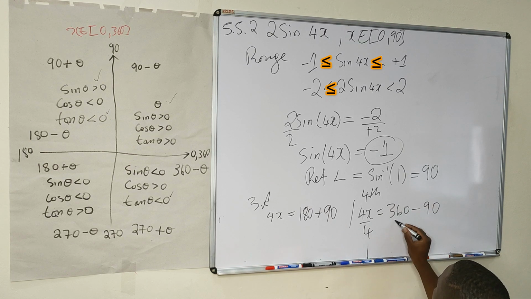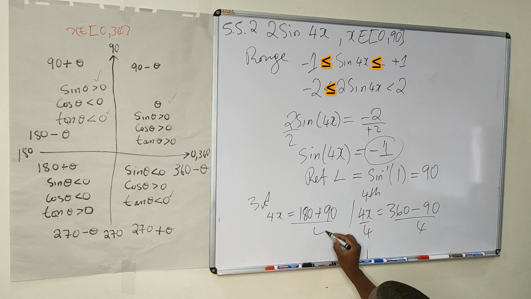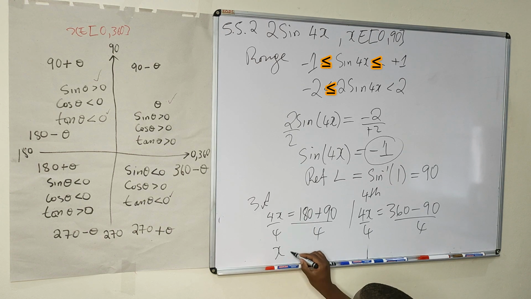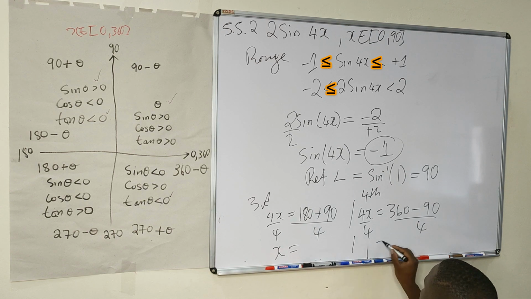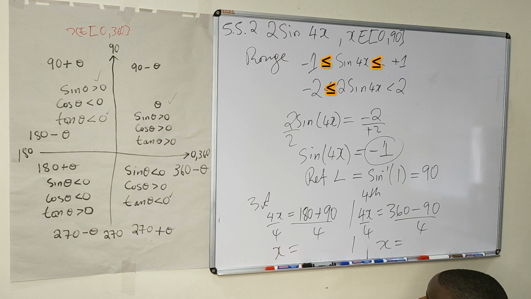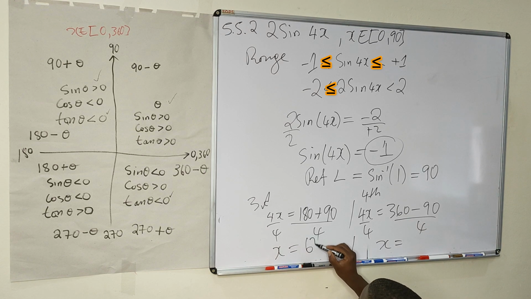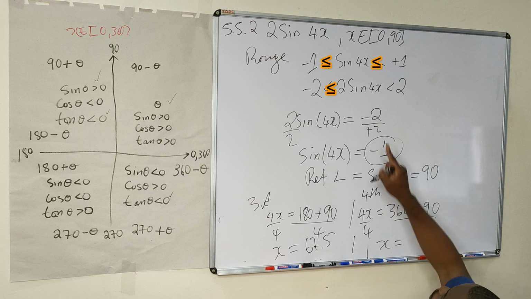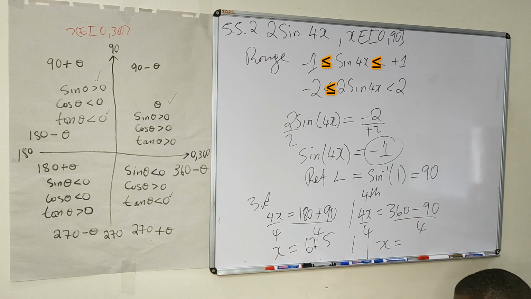So you divide by 4, divide by 4. So x is equal to 90 plus 180 divided by 4. This is 67.5 here, which falls in our range. But let's check this one.